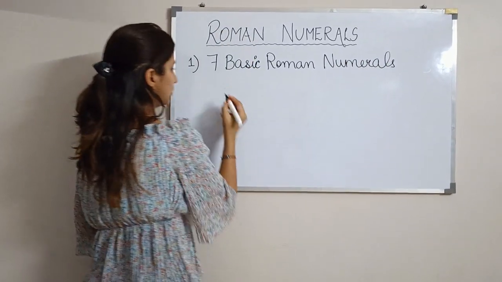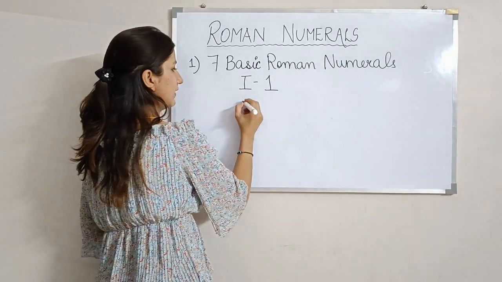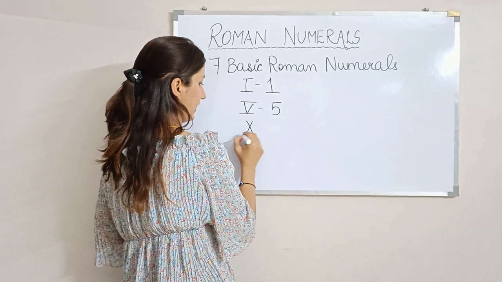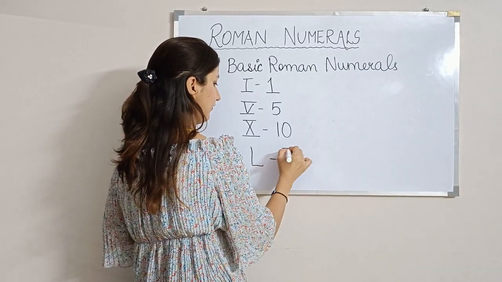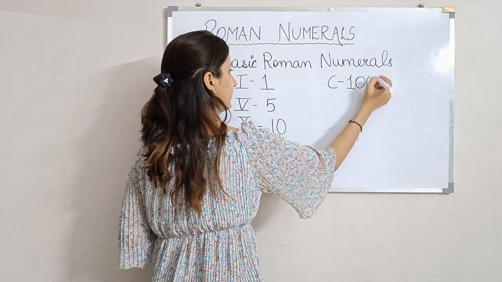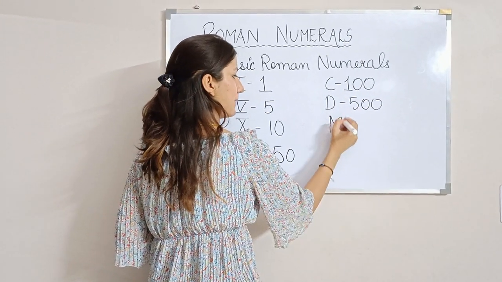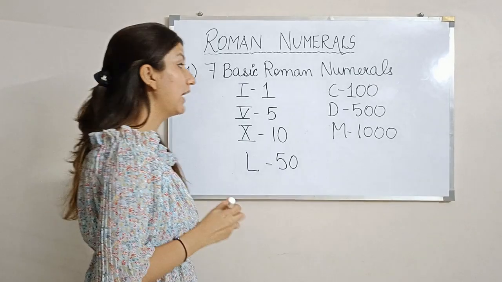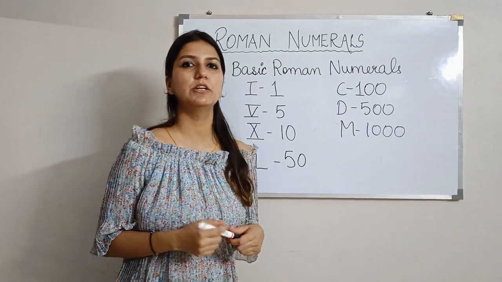These are I for 1, then V for 5, X for 10, after that L for 50, C for 100, D for 500 and M for 1000. So we can write any 4-digit number in Roman numerals with these 7 basic Roman numerals.